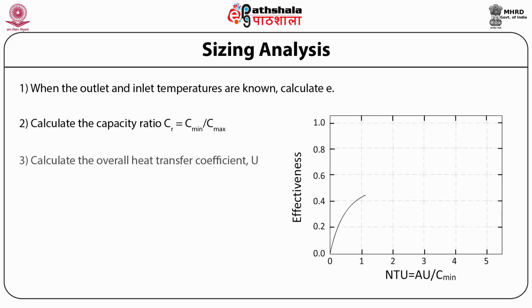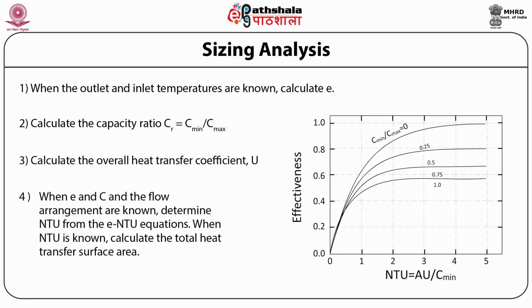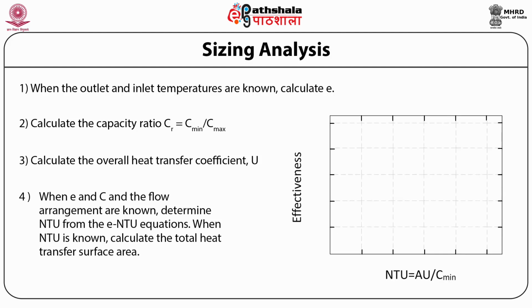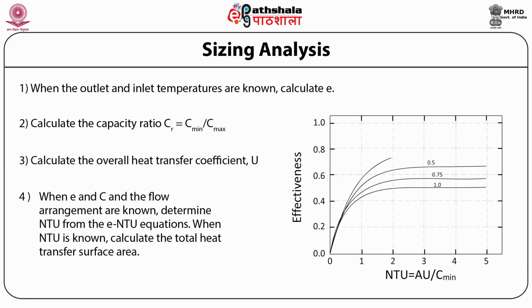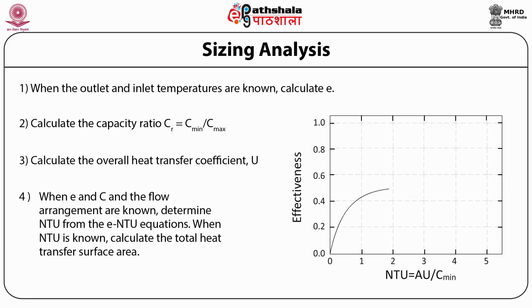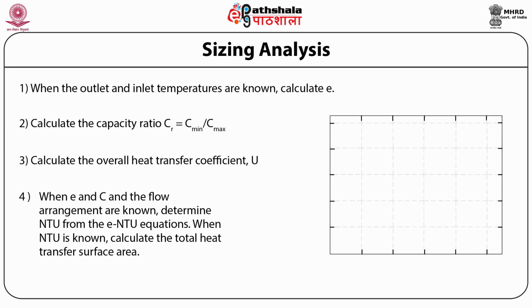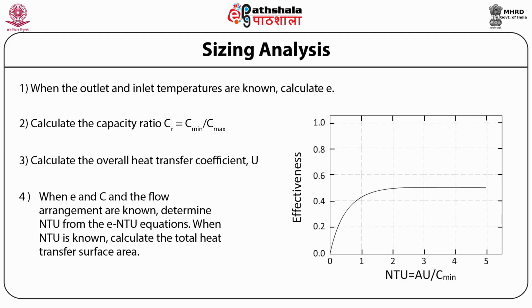Step 3, calculate the overall heat transfer coefficient U. Step 4, when effectiveness, CR and the flow arrangement are known, determine NTU from the epsilon-NTU equations. Otherwise, when NTU is known, calculate the total heat transfer surface area. So, this is a plot of NTU versus effectiveness. If we know the NTU and effectiveness, we can find the capacity ratio from this plot.